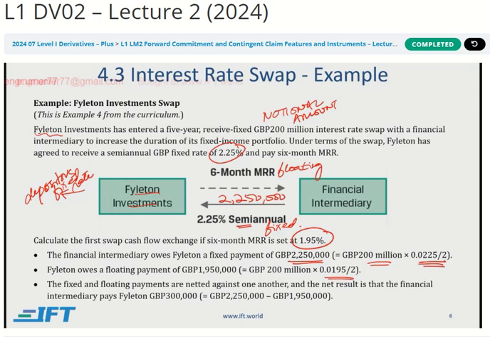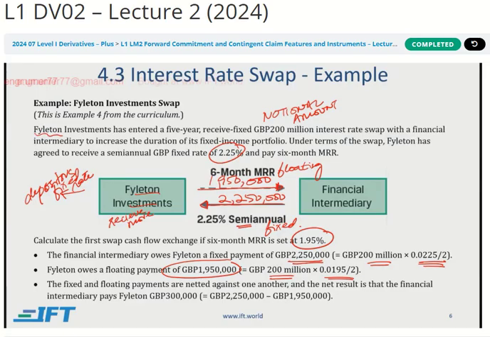So 1.95 divided by 2 multiplied by the notional amount of 200 million comes to 1,950,000. Now, as you can see, 1,950,000 is less than what they are supposed to receive, which is 2,250,000. So Filton should receive more than they have to pay.